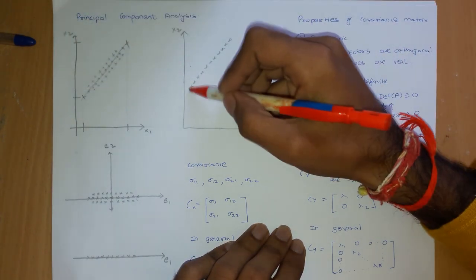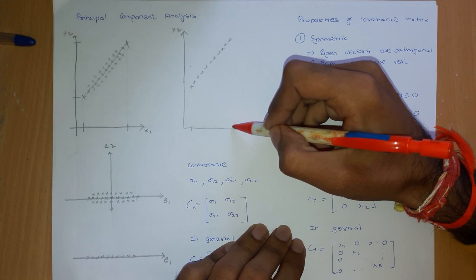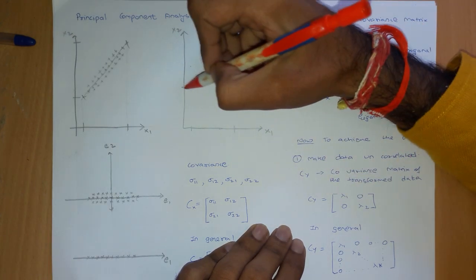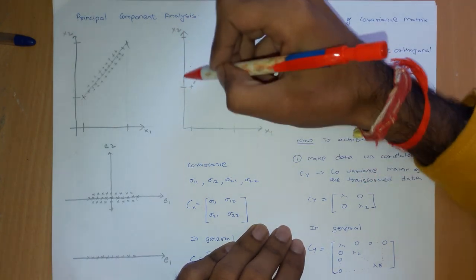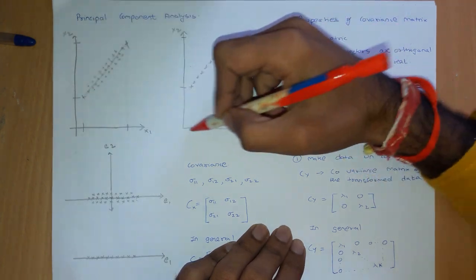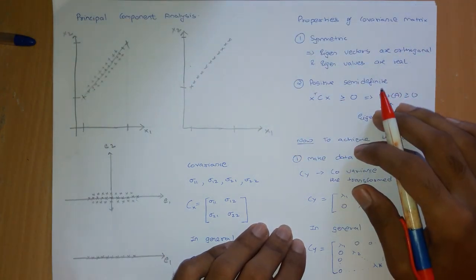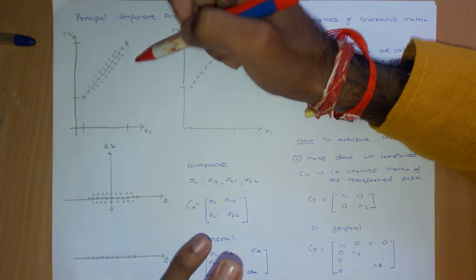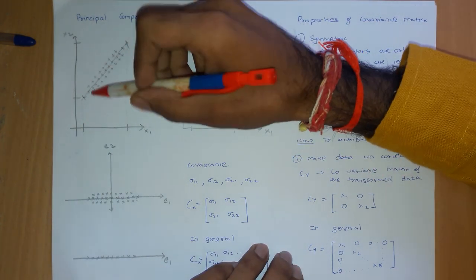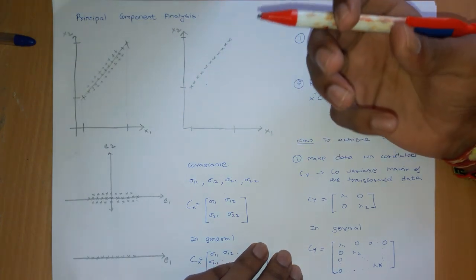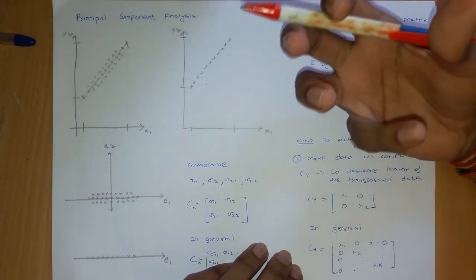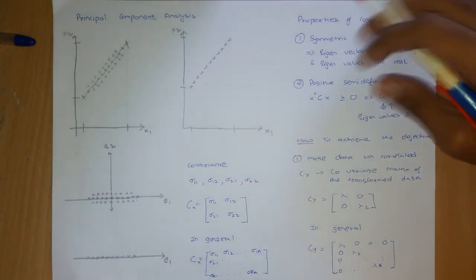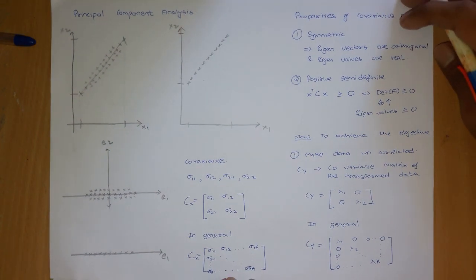So you can see that the essence is still maintained. This variance and this variance are still maintained. Here you are losing data, no doubt, but it is a very effective loss of data, so that is not hindering a lot of things.